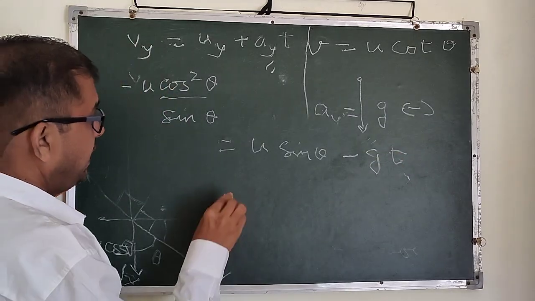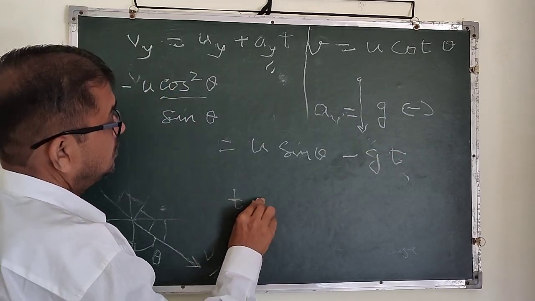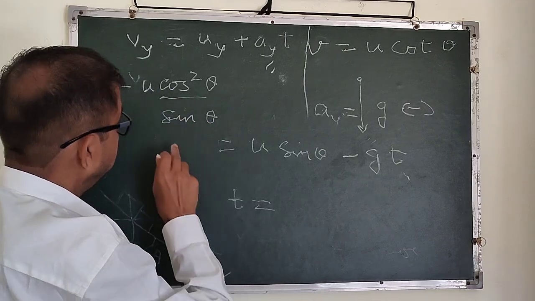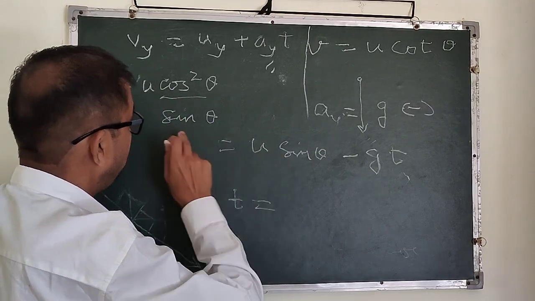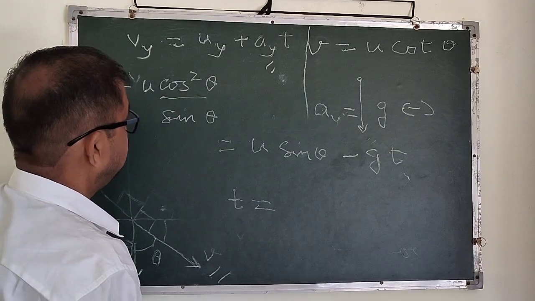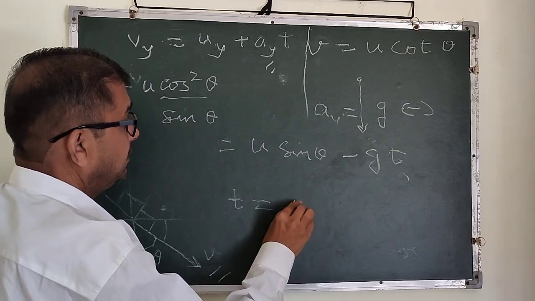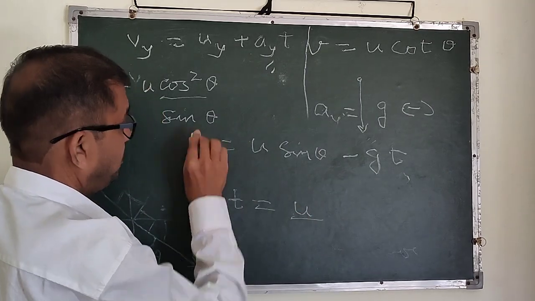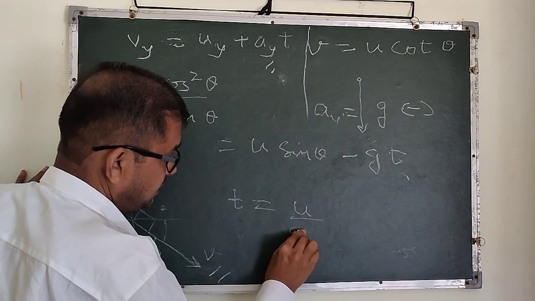Therefore, we get t equal to, on taking this side, u cos square theta upon sin theta plus u sin theta. On taking LCM sin theta, we get u into cos square theta plus sin square theta. That becomes 1, means only u over there upon g sin theta.